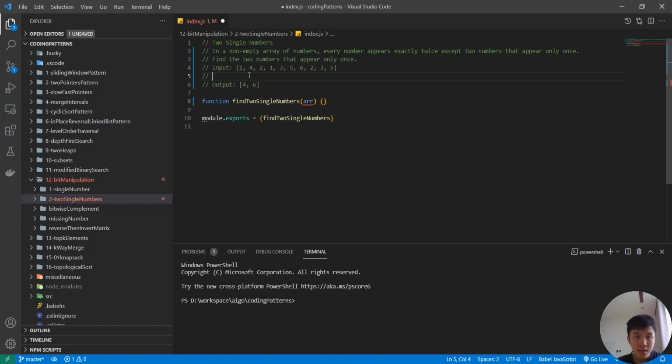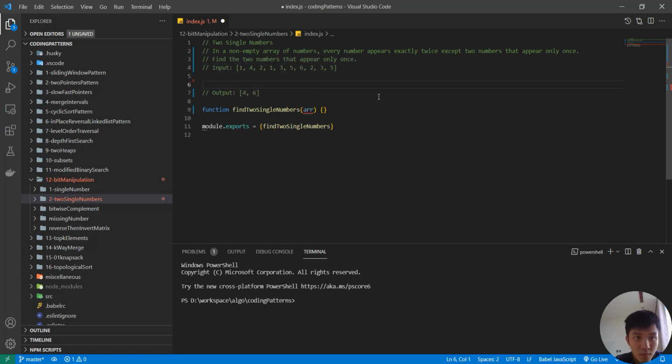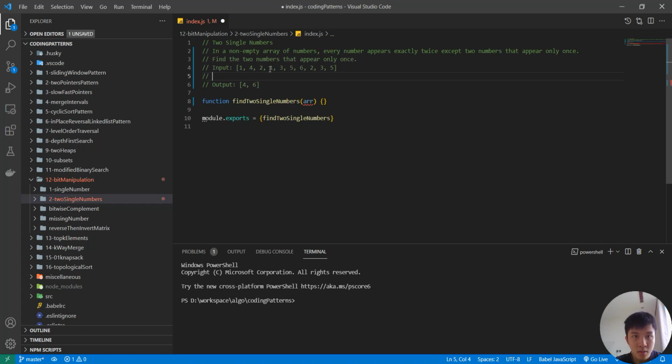For example, in this case, 1 will eliminate 1, 2 will eliminate 2, 3 will eliminate 3. So we end up with the result of the two single numbers.